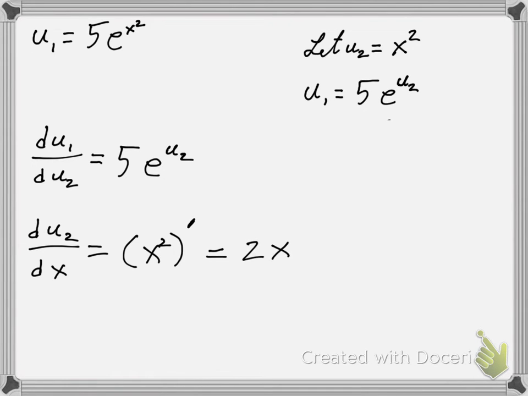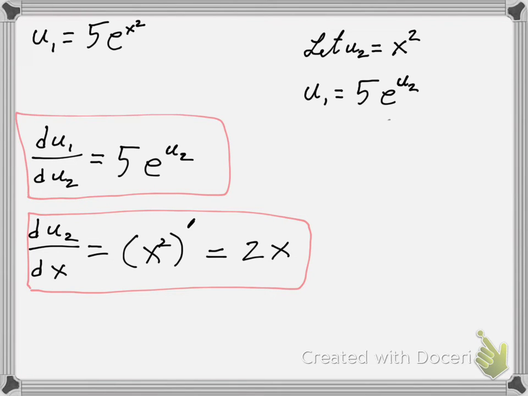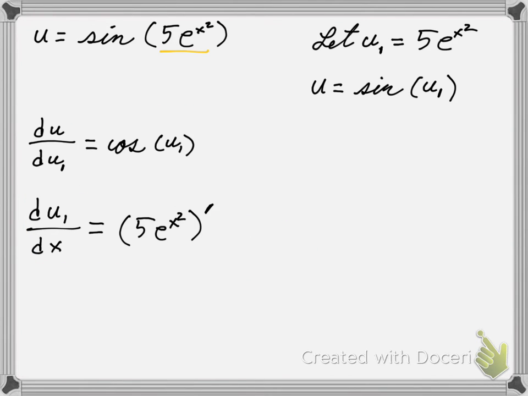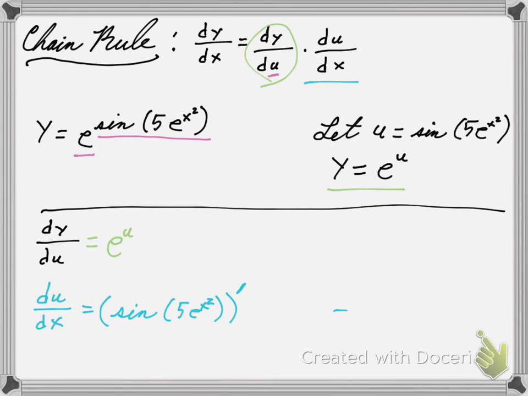So now I finally completed the chain rule. I have the derivative of u2 with respect to x. I have the derivative of u1 with respect to u2. I have the derivative of u with respect to u1. And I have the derivative of y with respect to u.